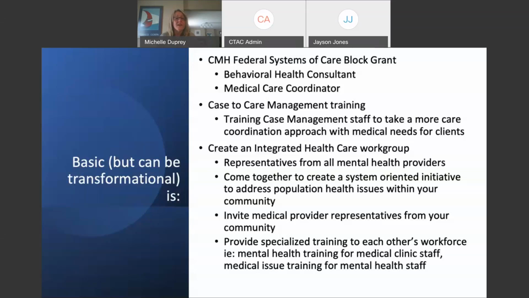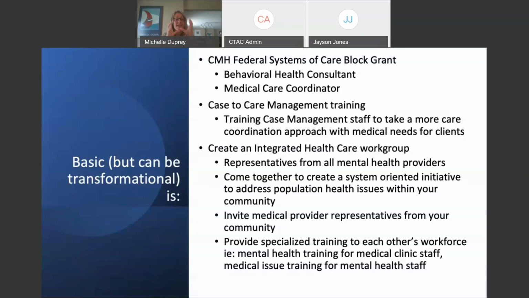And because they're part of the community mental health systems of care block grant, a lot of the work they're doing is with children that are in community mental health. So there's a big population in this particular area that are using or qualify for community mental health services. And by having this behavioral health consultant in these clinics, they're able to make appropriate referrals to community mental health and not clog up the referral system with clients that don't qualify or shouldn't be in CMH.